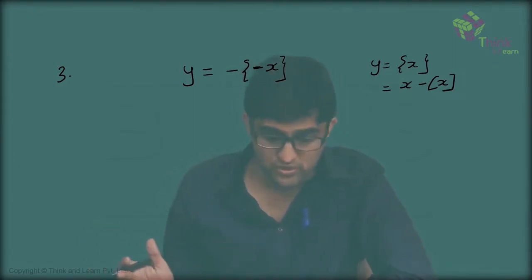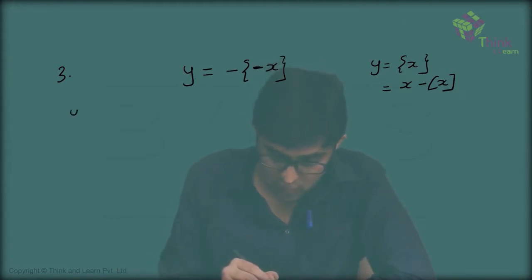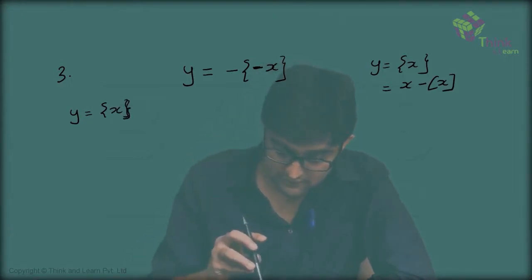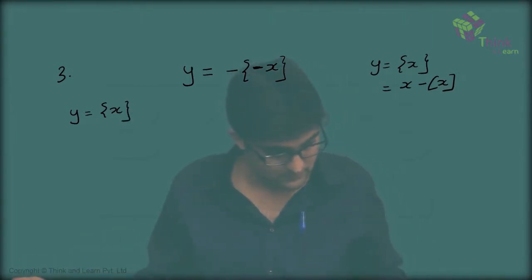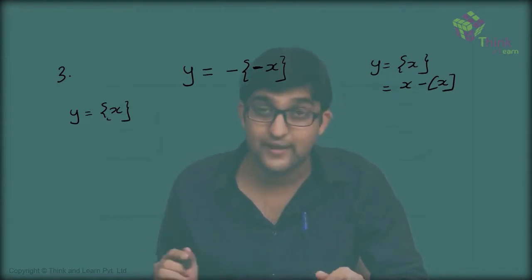So what you do is you start as normal, with a function which you know, y is equal to the fractional part of x.